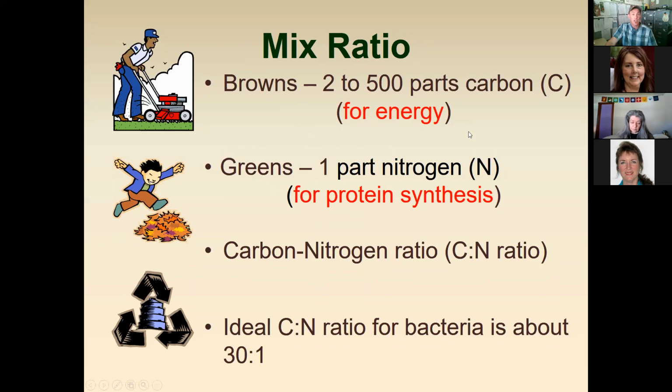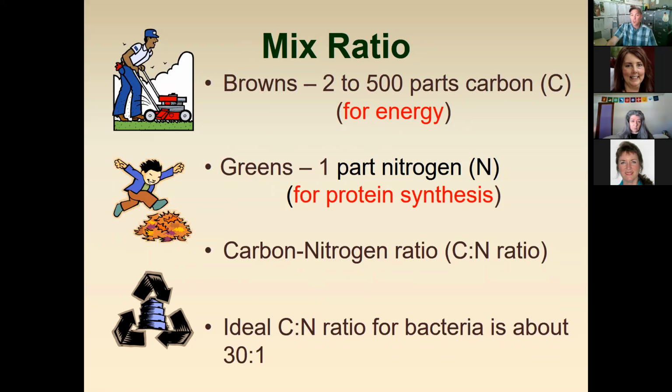Think of it like carbohydrates, and it ranges from 200 to 500 parts of carbon to nitrogen. So we'll discuss that in the next slide. There's a lot of carbon and a lot of material that we have to figure out how to break down.